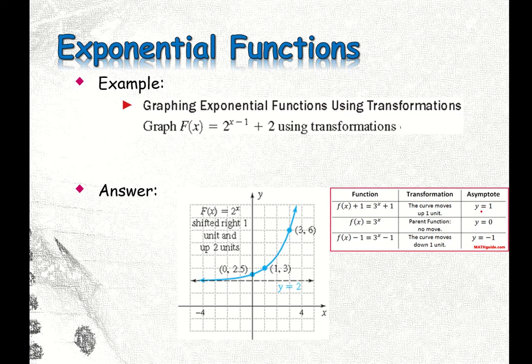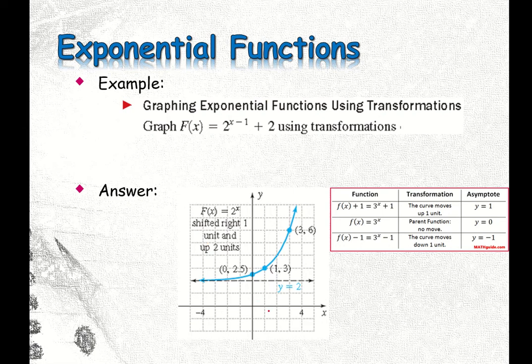In other words, you just need to look at the number after the first term, like this one, we have 2 to the power x minus 1 plus 2. So you look at this number here. This is the number of units that the curve moves up. If you compare this to the original exponential function, this is shifted 2 units up.